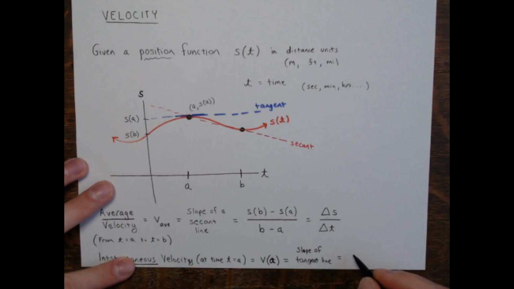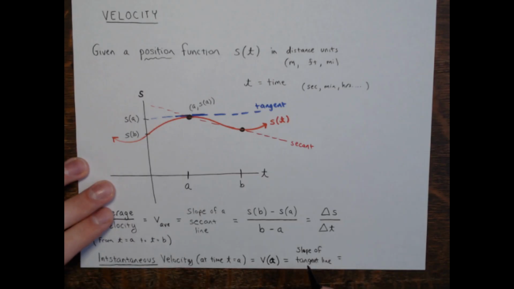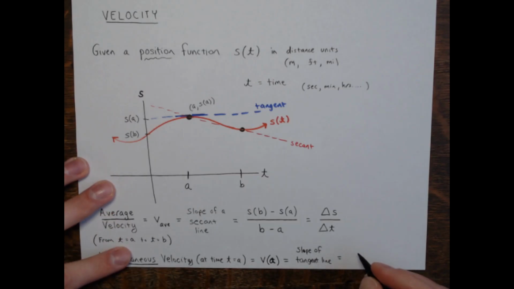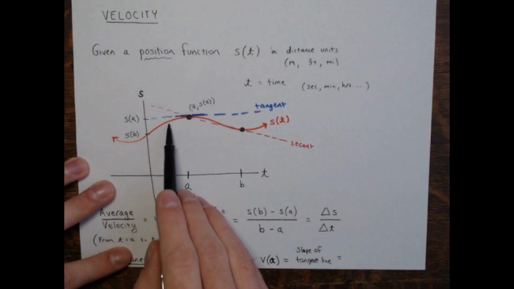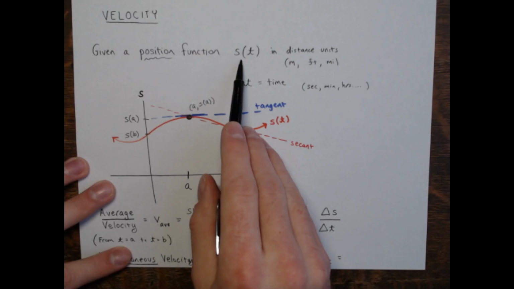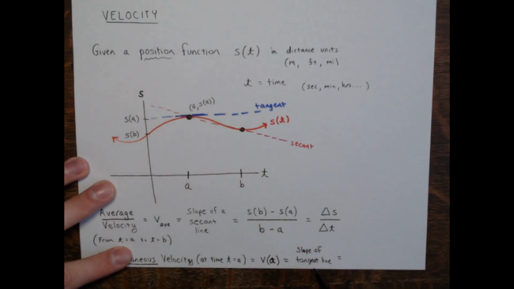So remember, the slope of the tangent line is the derivative. So if the curve I'm looking at is this s curve, the position function, then the velocity at a is s prime at a. Okay, so this is what we're going to be using here.